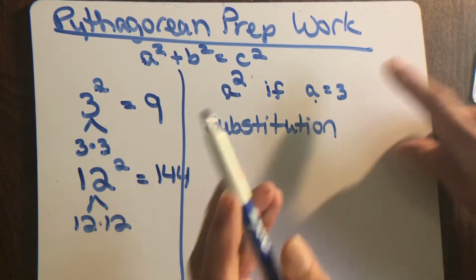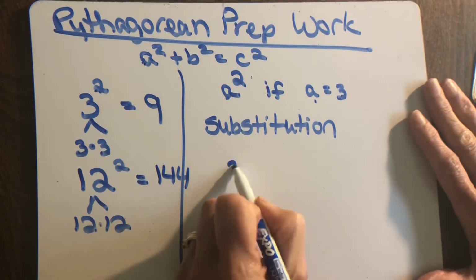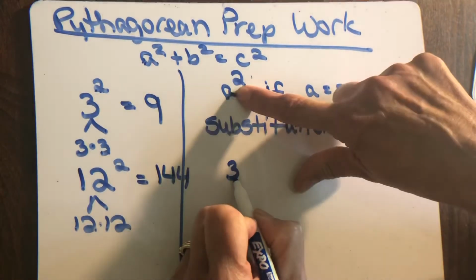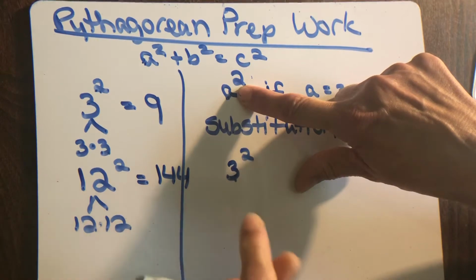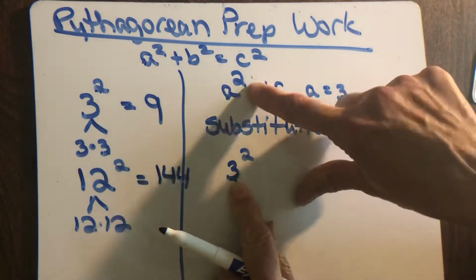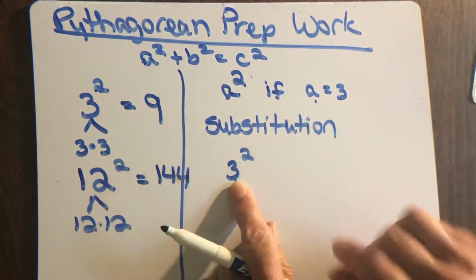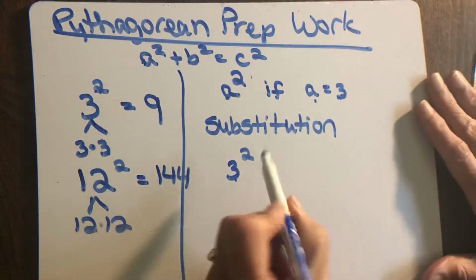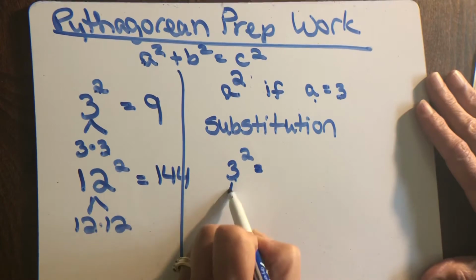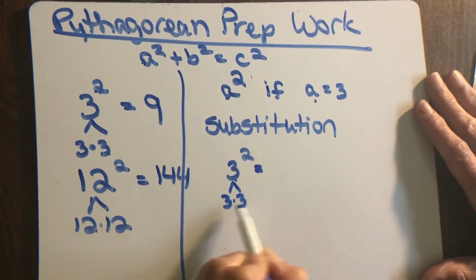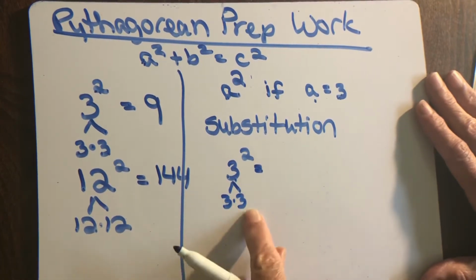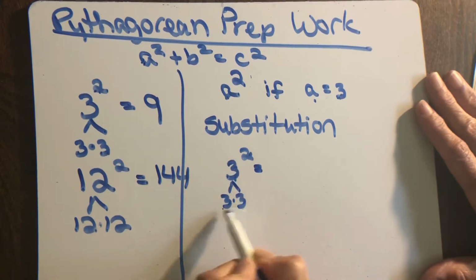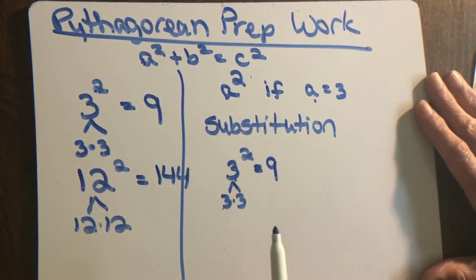So what you do here is you write the 3 in the spot where the a is and you keep the squared, because that is a math operation. An exponent is a math operation like adding or subtracting. And then of course you take it to your calculator or do it in your head. Knowing that you're doing this, you don't have to write this every time, but I want you to know that that means this. So of course you get 9.